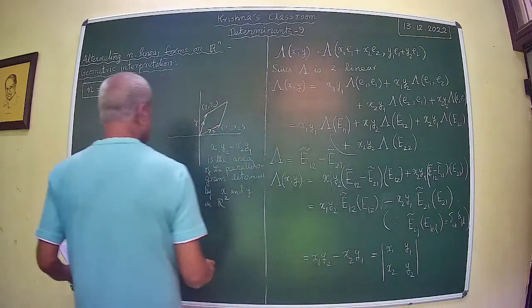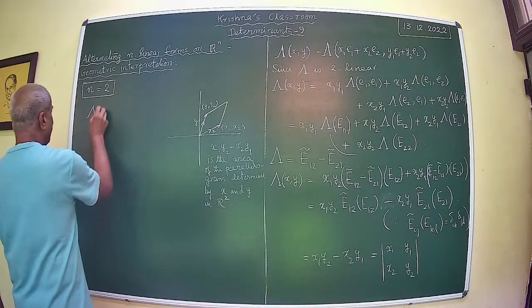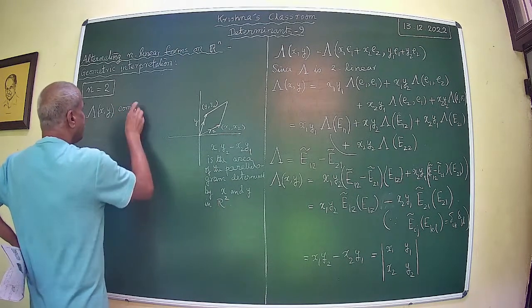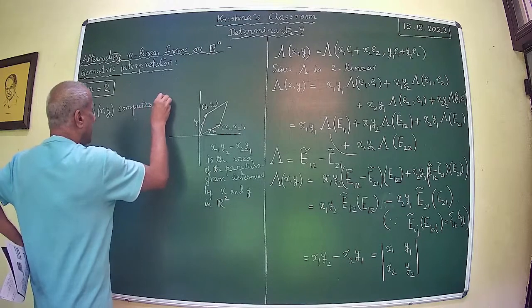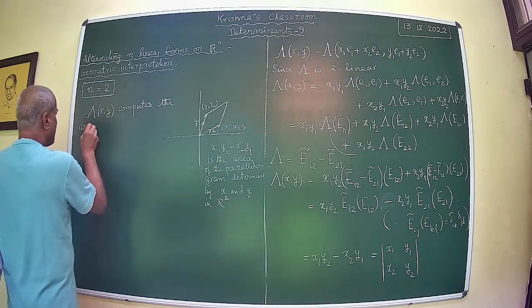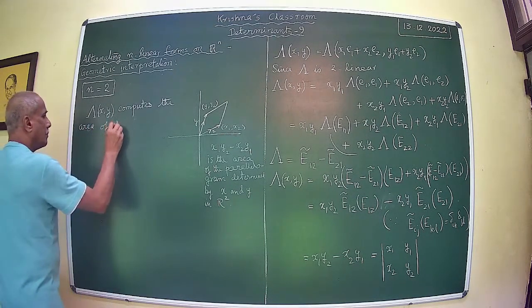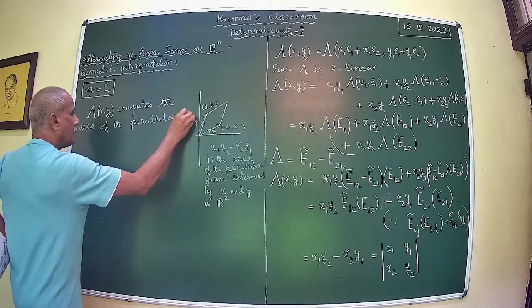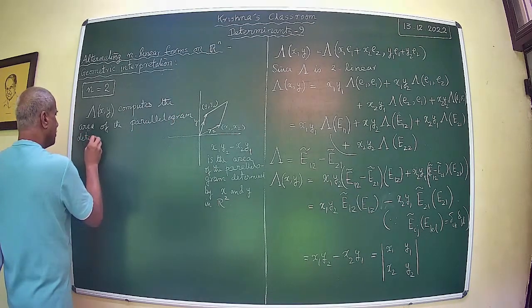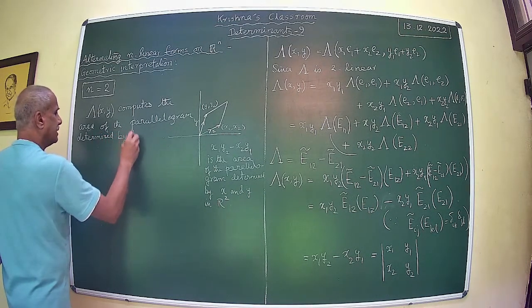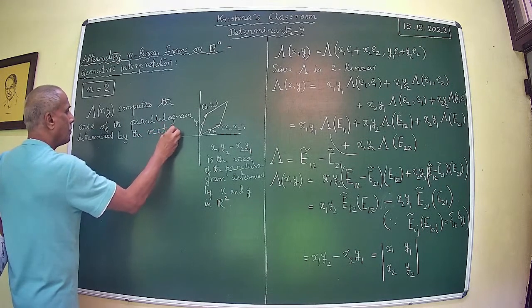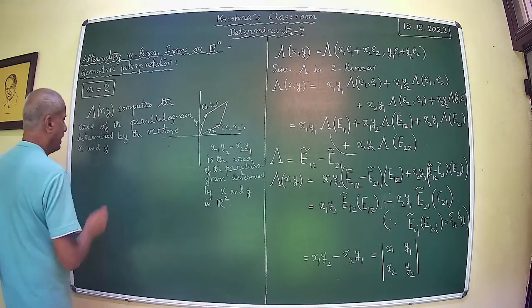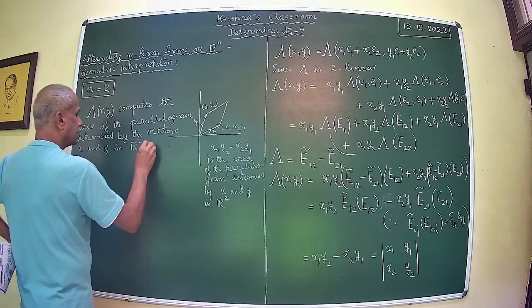Or I can write it as that lambda of xy computes the area of the parallelogram determined by the vectors x and y in R2 as adjacent sides.